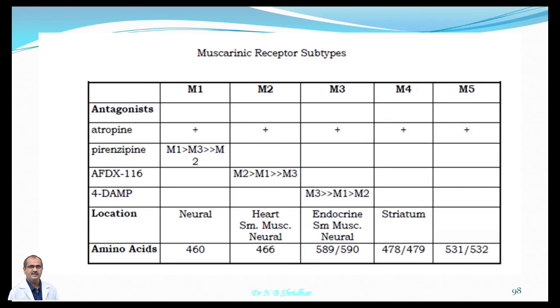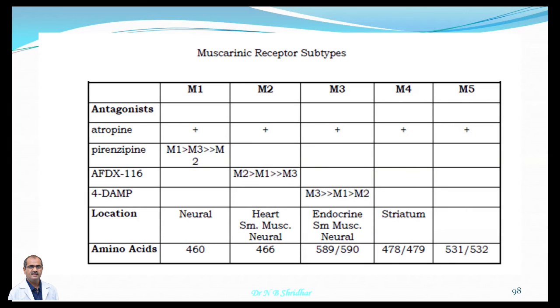Nicotinic receptors are not at all affected by atropine. Another antagonist is pirenzepine. It is more selective to the M1 type of receptor compared to M2 and M3, and the other types of receptors are not blocked by it.